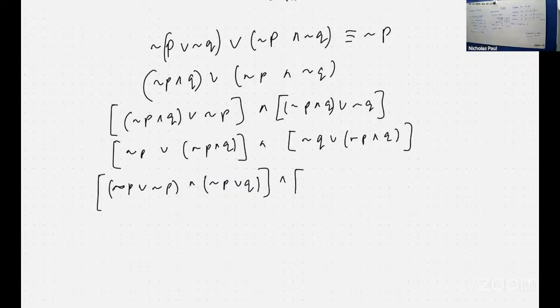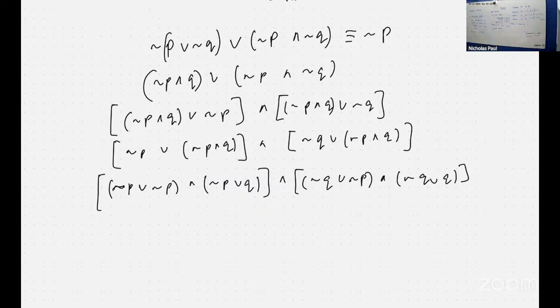Right? Negation of Q or negation of P, and negation of Q or Q. Right? So we get negation of P. I have the right negation there, right? All right. Negation of P or the negation of P. But if two of them are the same, well, we can just use the absorptive law there.